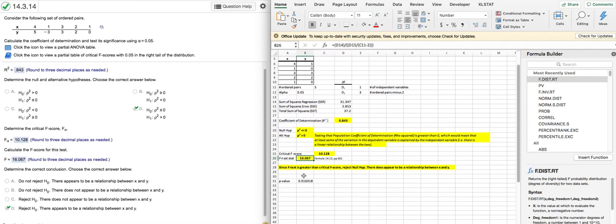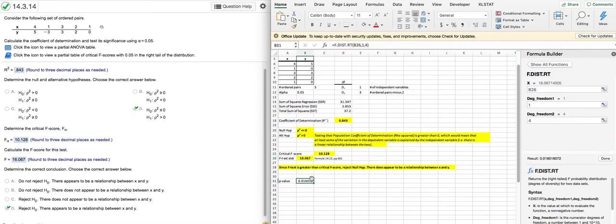We could also have calculated a p-value using the F.DIST.RT function, where x is the F-test statistic, followed by our degrees of freedom.